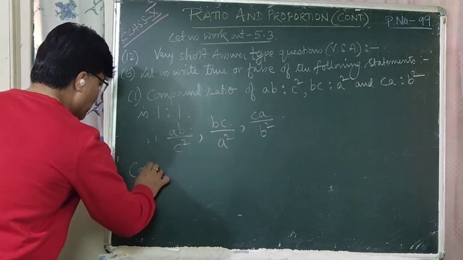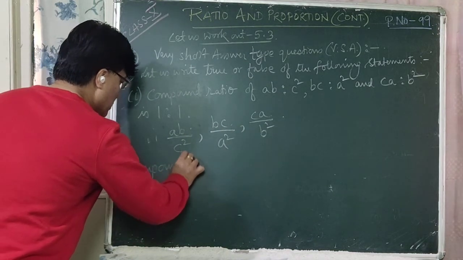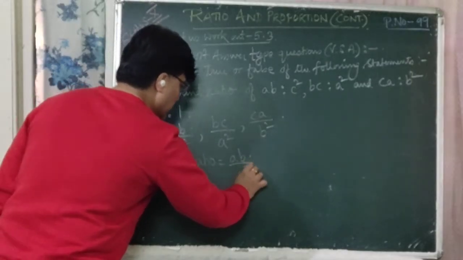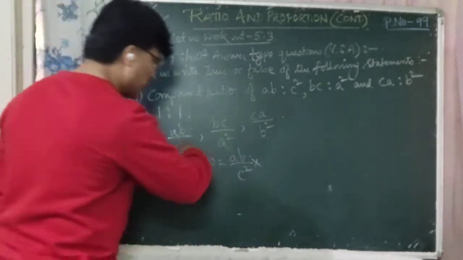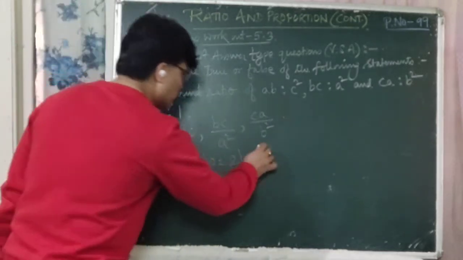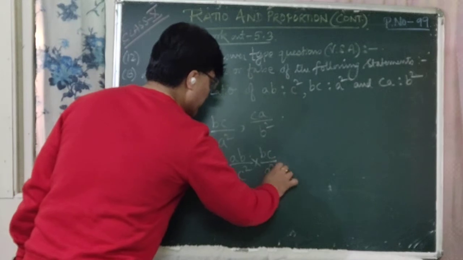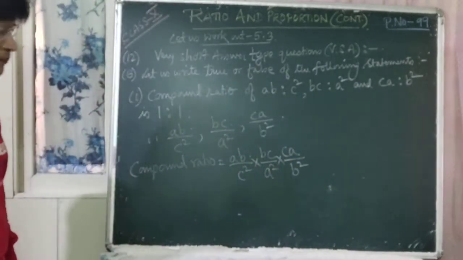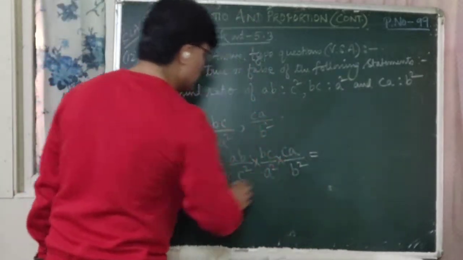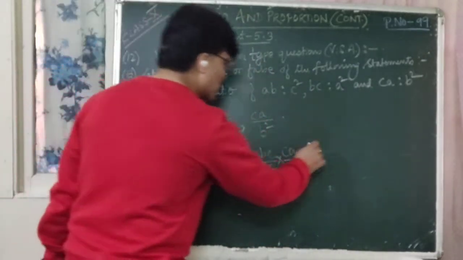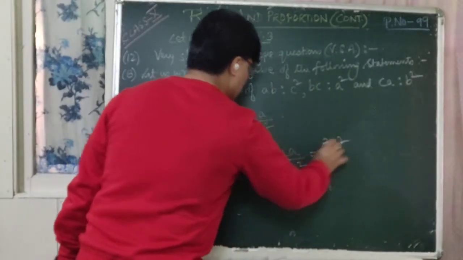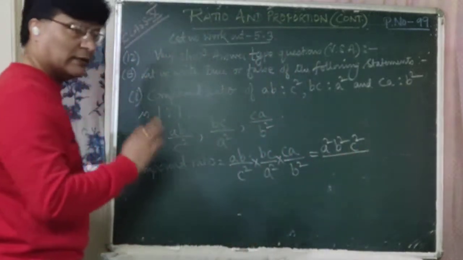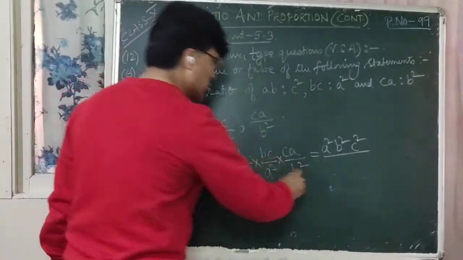So the compound ratio is equal to AB divided by C square into BC by A square into CA upon B square. Which is equal to A into A square, B into B square, C into C square, divided by, in the denominator, A square, B square, C square.